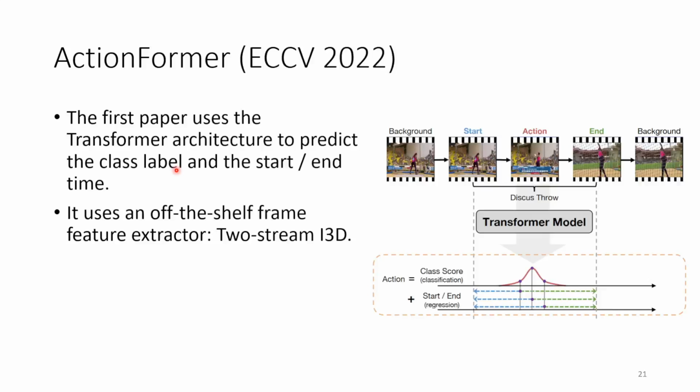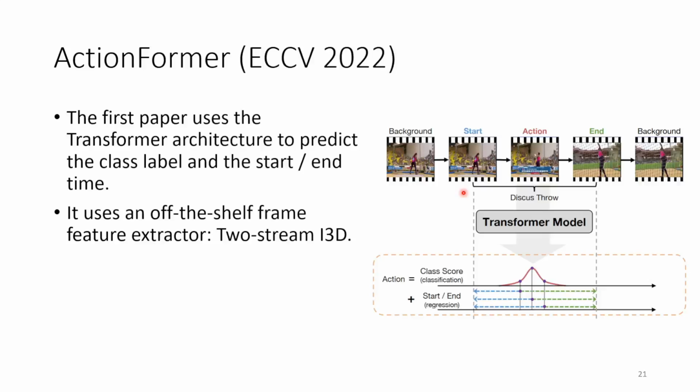Okay. So let me explain. I will spend several slides here to explain the details. So first, these are several frames of a video. What it does first is extract the features from those video frames, and then it uses the extracted frame features as the input tokens to a transformer architecture.